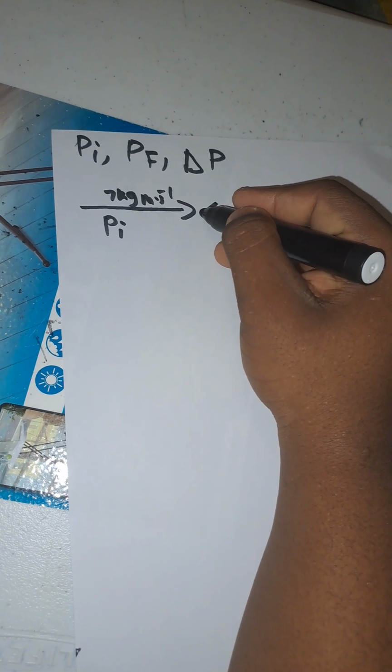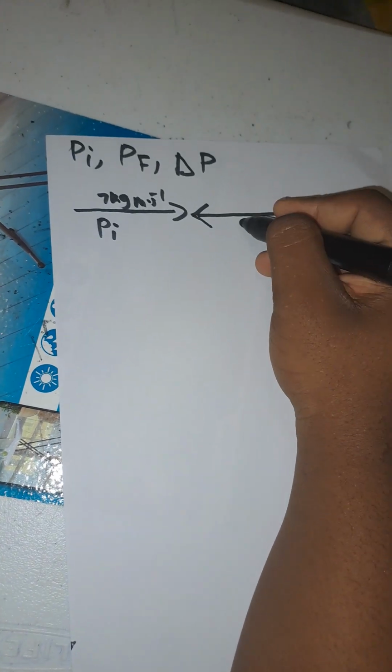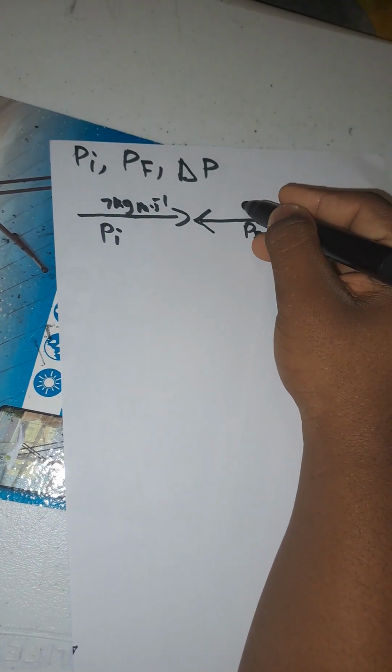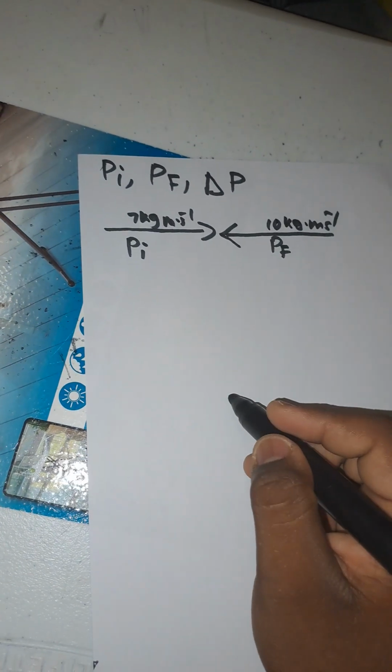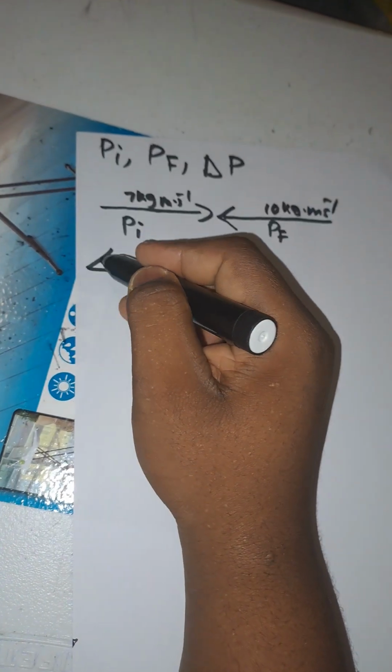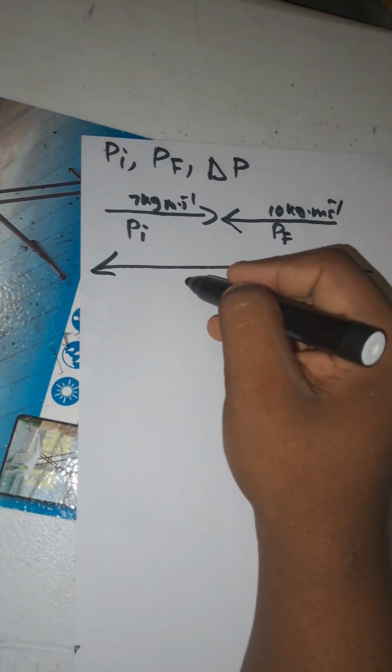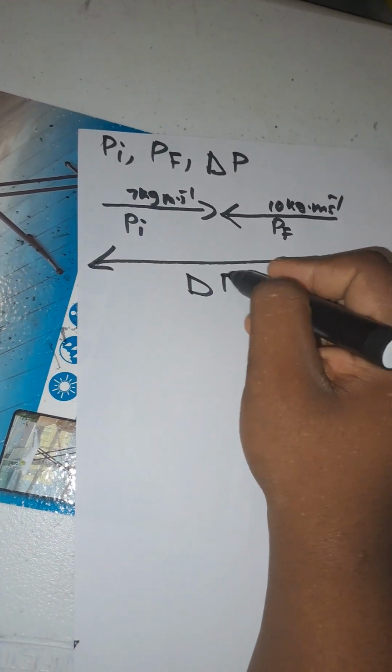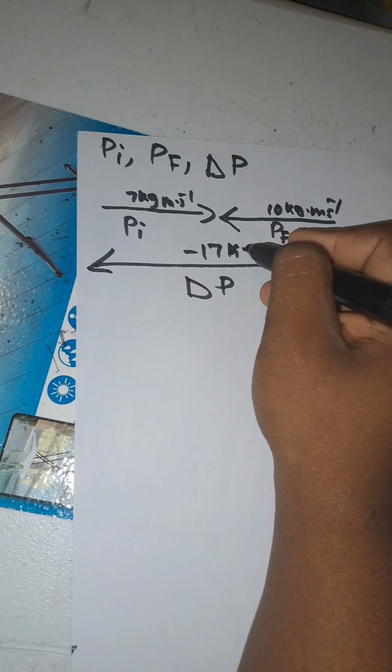So it's going to be like this, then pf, and then 10 kg m/s. And then the change in momentum is what? We got negative 17, so it will be like this, delta p, and then negative 17 kg m/s, just like that.